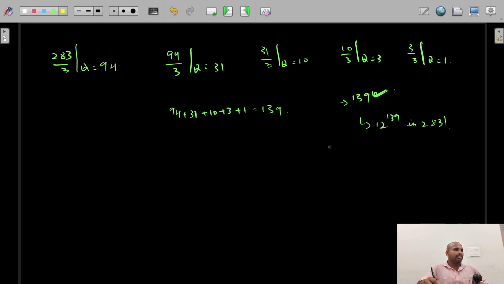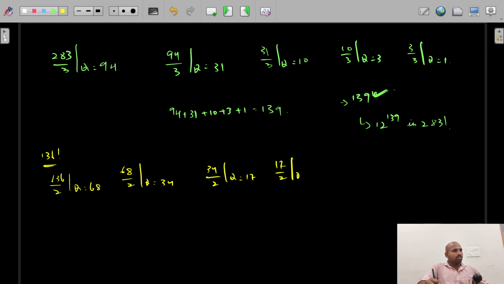Now I have to find the same thing for 136 factorial. So 136 by 2, my quotient is 68. 68 by 2, my quotient is 34. 34 by 2, my quotient is 17. 17 by 2, my quotient is 8. 8 by 2, my quotient is 4. 4 by 2, my quotient is 2. 2 by 2, my quotient is 1.